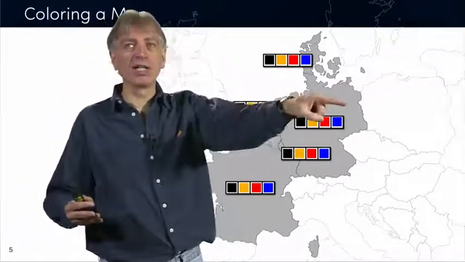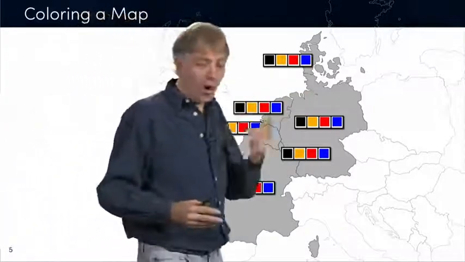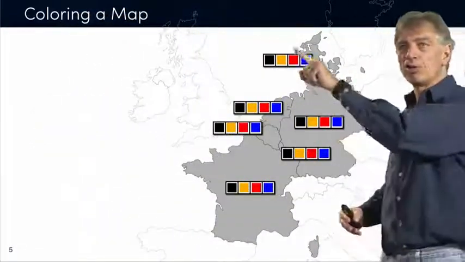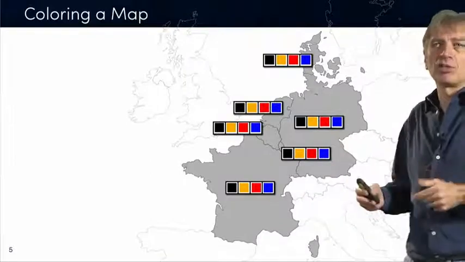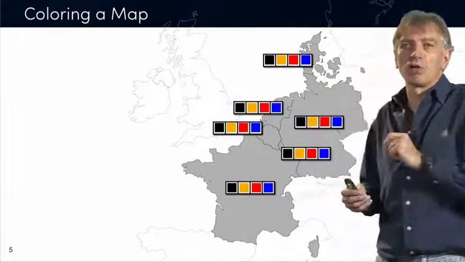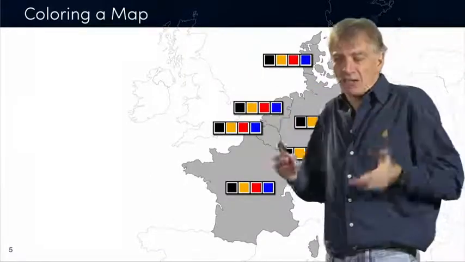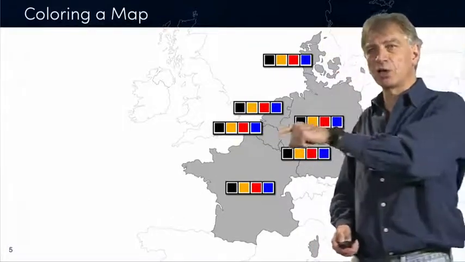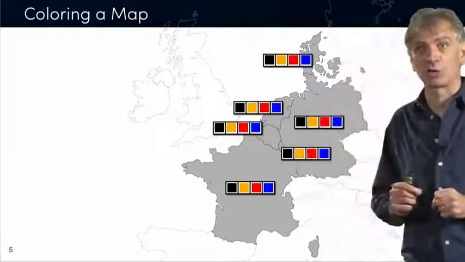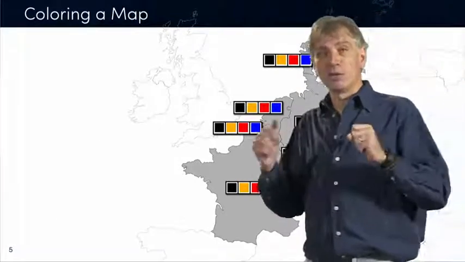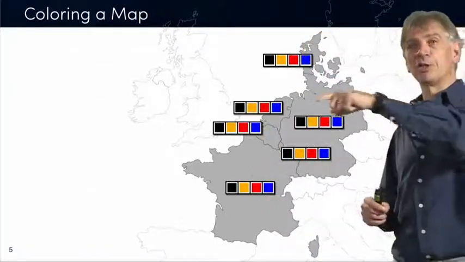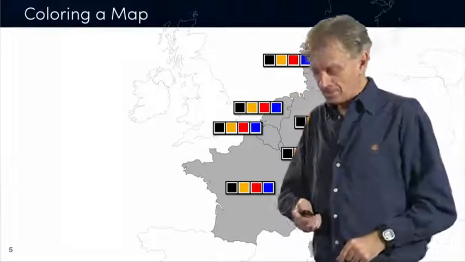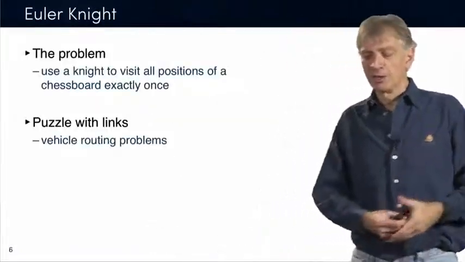It is only connected to Germany, so there is only one color that it won't be able to take. Therefore, I don't want to start there, because I'm going to give it a color that's going to remove a color from Germany, but that doesn't mean anything. So what I have to start from is some place which is connected to many different countries, and that's where it's going to be the most difficult to color. In this particular case, guess which country it is? We'll start with Belgium, for instance.